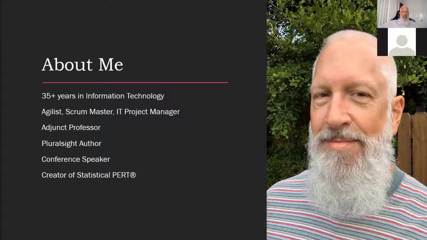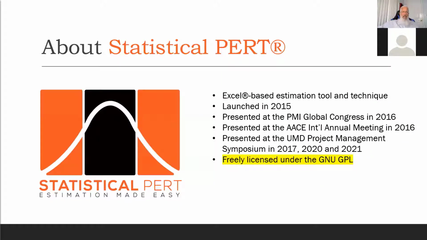And I did create Statistical PERT. So about Statistical PERT, it is just an Excel spreadsheet. That's really all it is. It's a pre-built Excel spreadsheet. I created it in 2014, launched it in 2015, presented it at the PMI Global Congress in 2016, and a couple of conferences since then.